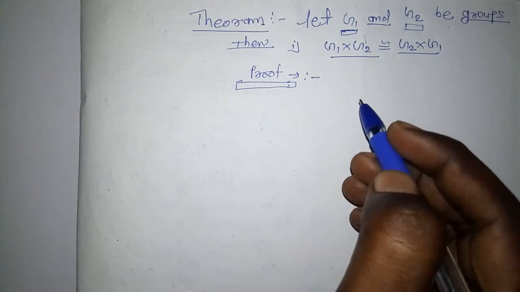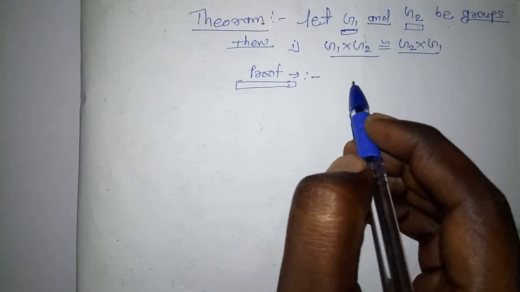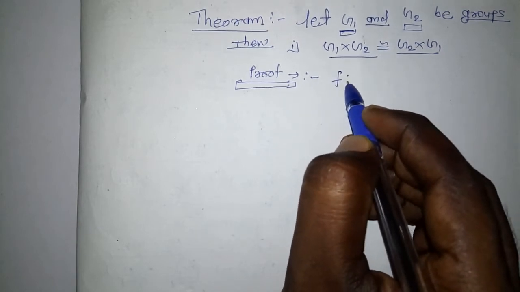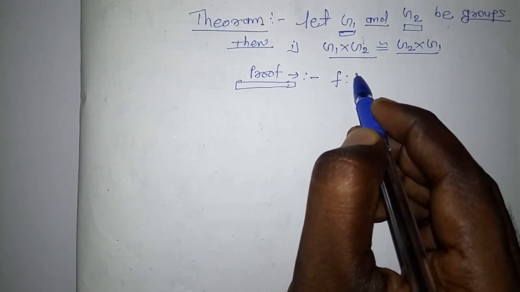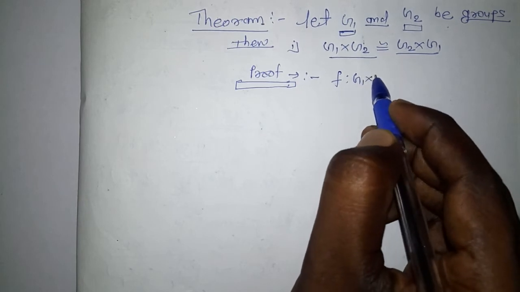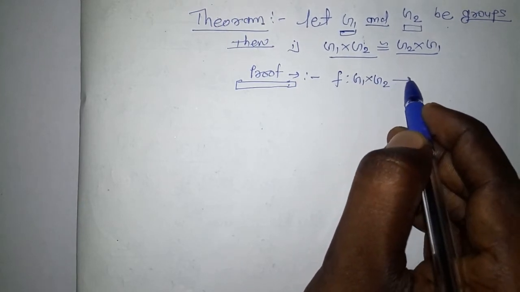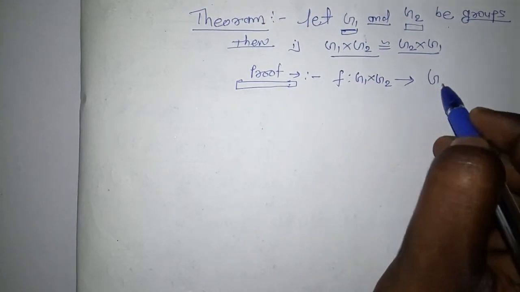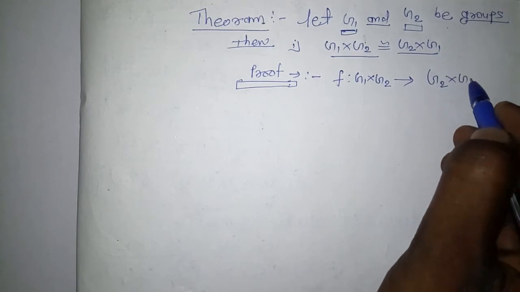Okay, now a mapping from G1 multiply by G2 to G2 multiply by G1.